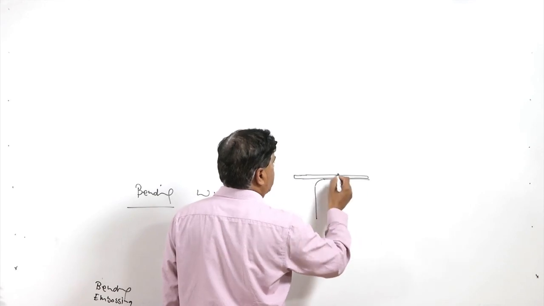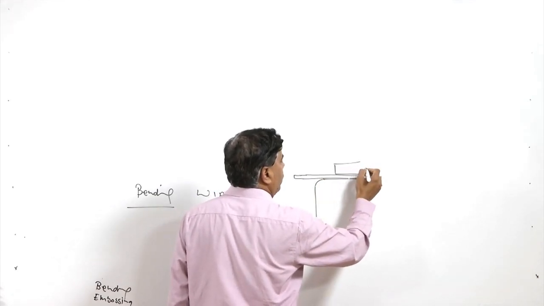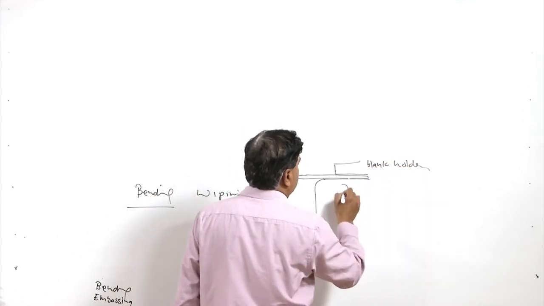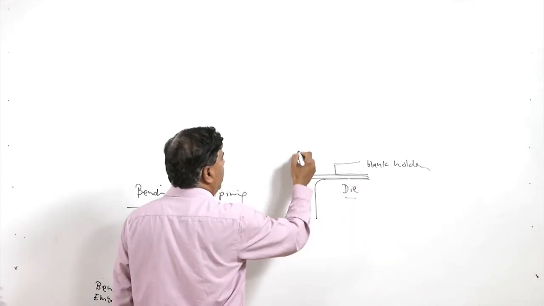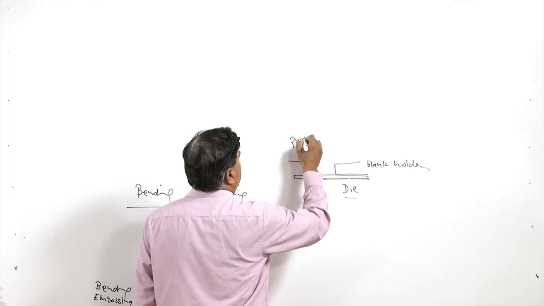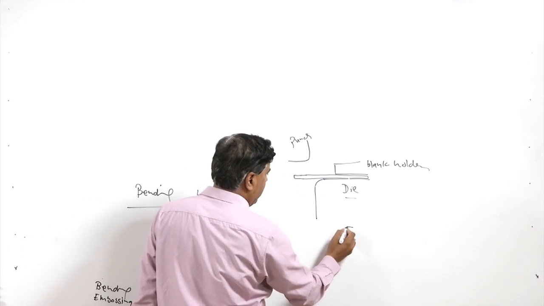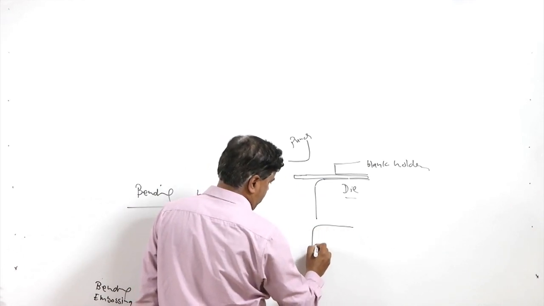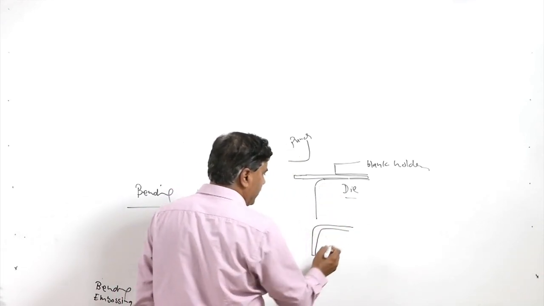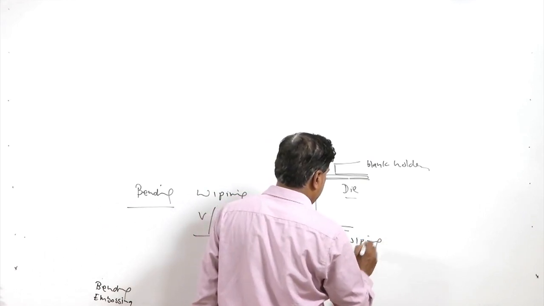The sheet metal is held with the help of a suitable block like this, so we can say blank holder, this is the die, and here we have the punch. When the punch is moved down, this portion will bend through 90 degrees, and a suitable radius will be given according to the shape of the die. This kind of process is called wiping.